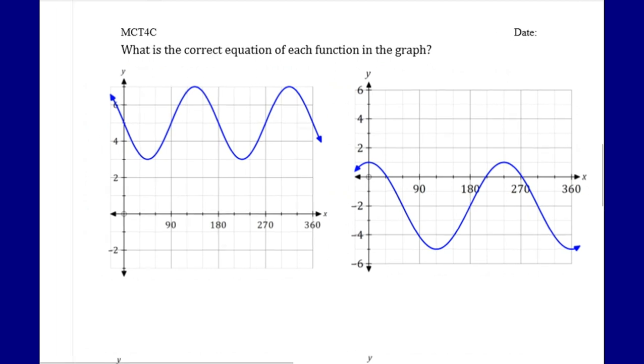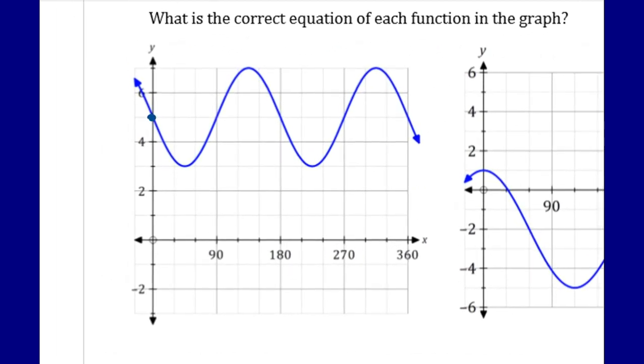So if I look at the first one here, I'm going to go through and label some nice points. Specifically, my max and my min. And it does work out that I can clearly see where my midline is going to be. I have my max and my min. My midline is going to occur there.